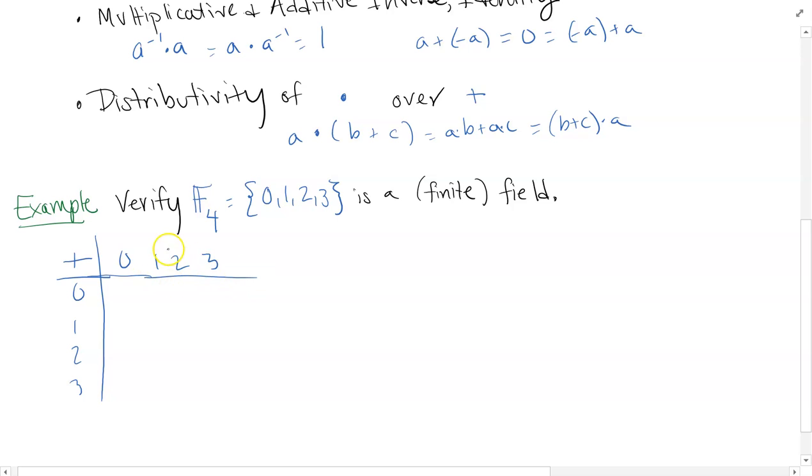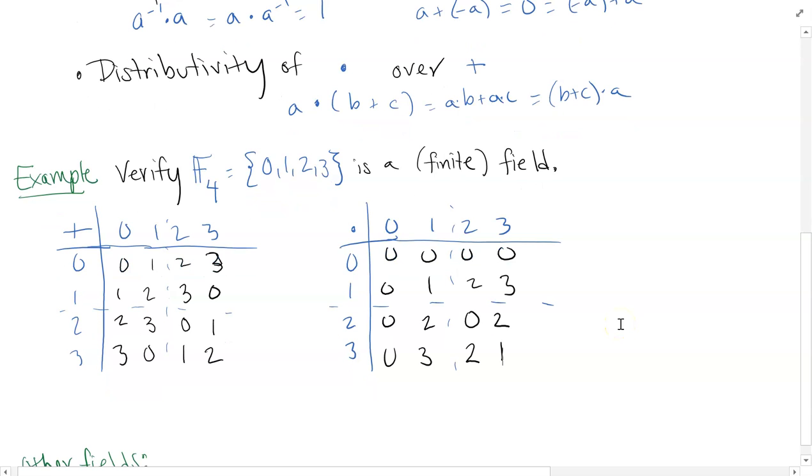And I'm just going to put these dots in here. And then same thing for multiplication: 0, 1, 2, 3, by 0, 1, 2, 3. Okay, complete these tables quickly and then resume the video when you're ready.